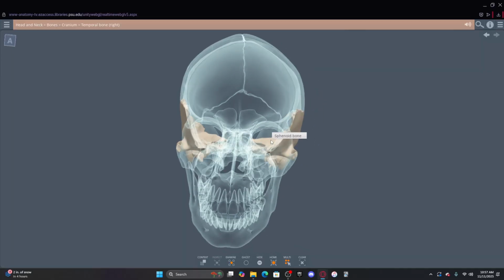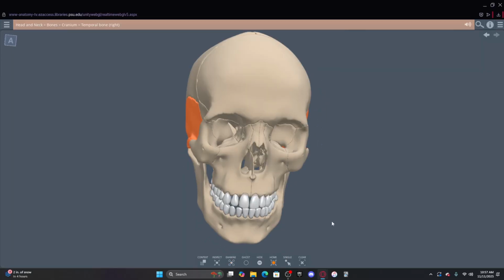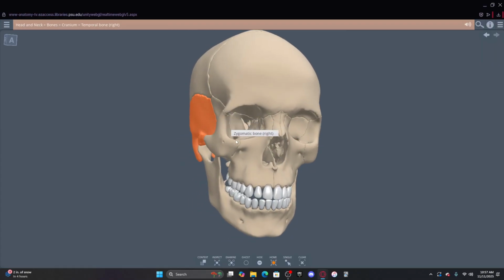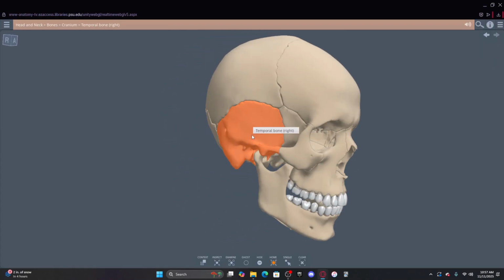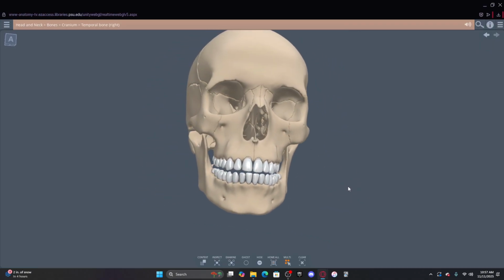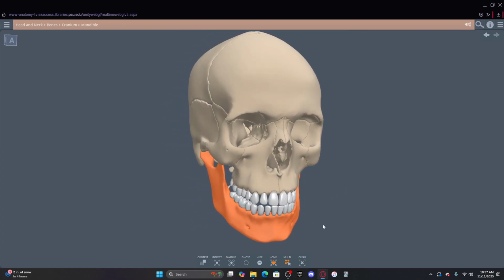All right, so now that we have those, we're going to move on to the anterior of the skull and go over some bones here. So comprising your jaw and your mouth, we have the mandible and the maxilla.